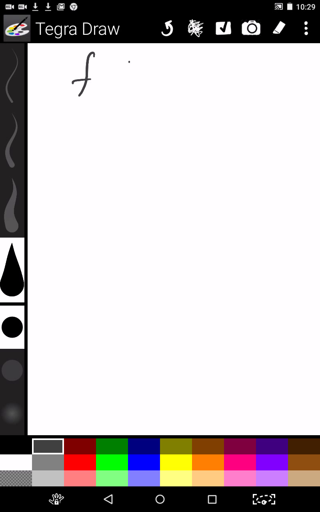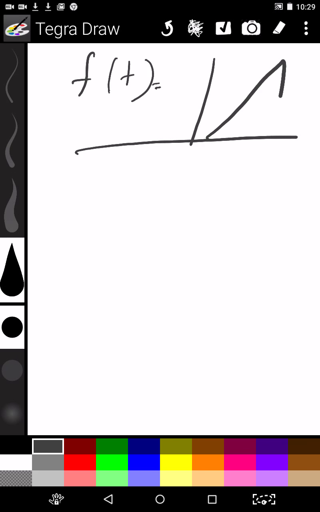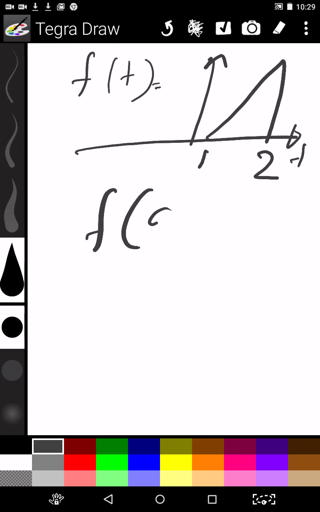Let f of t be given, this one, f of t, with values 1 and 2. This one is the t axis. Now we have to find out f of at, where a equal to 4. This is the argument in which a scalar constant a is multiplied with t.